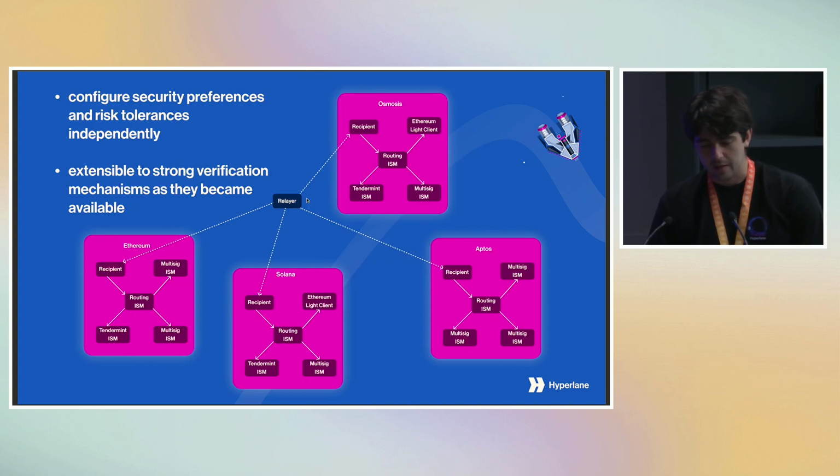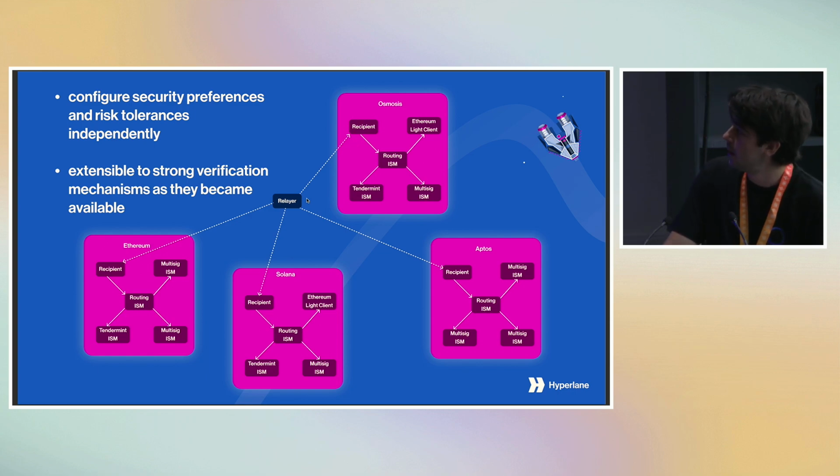Yeah, this is kind of more on that. You can configure what security preferences you want. We have these little Legos of security modules, which is what we call them. As an application developer, all you really need to do is configure some on-chain contracts that you can provide, or we provide, and you get different flavors of security. So we have a single interchain security module, which is a contract that defines a function that can verify proofs, whatever you want, for the validity of messages.